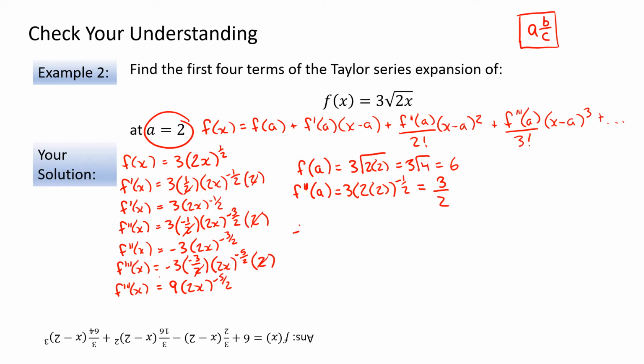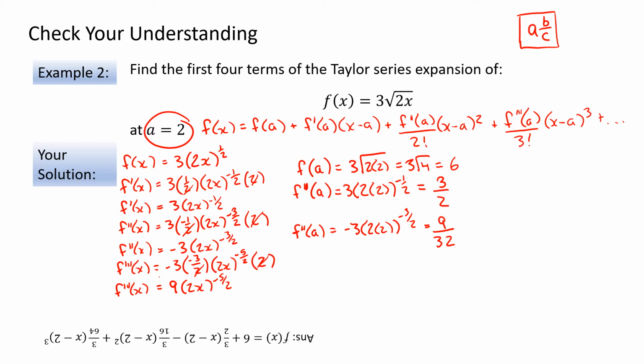Our second derivative, f double prime at a, in this case, is equal to negative 3 times 2 times 2 to the negative 3 over 2, which comes out to negative 3 over 8. Okay, again, using your calculator.